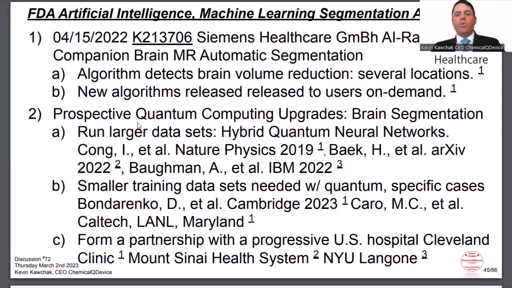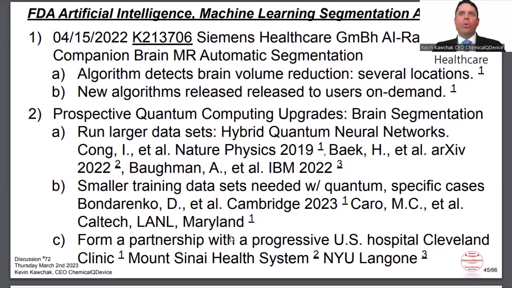And then the prospective quantum upgrades for this, I've kind of alluded to this, but these are really important. There's a number of papers to run larger data sets on hybrid quantum neural nets. This goes even back to Nature Physics in 2019, and then there's another paper in 2022, and IBM also in 2022.